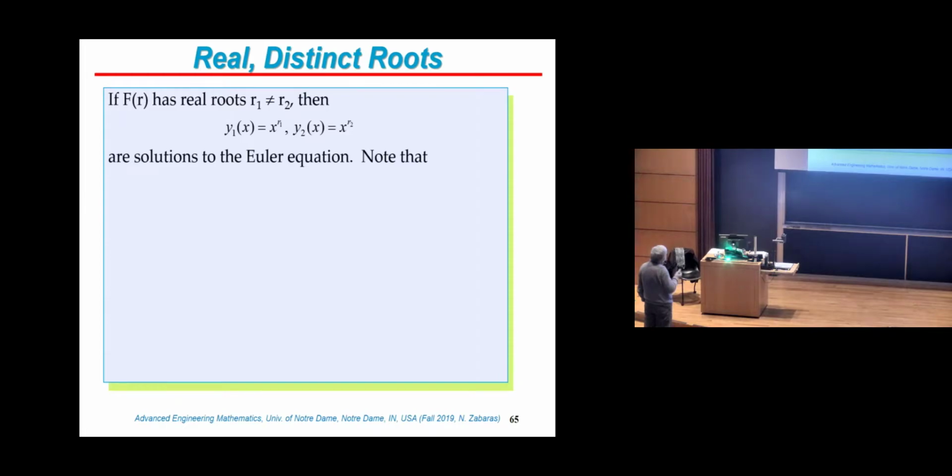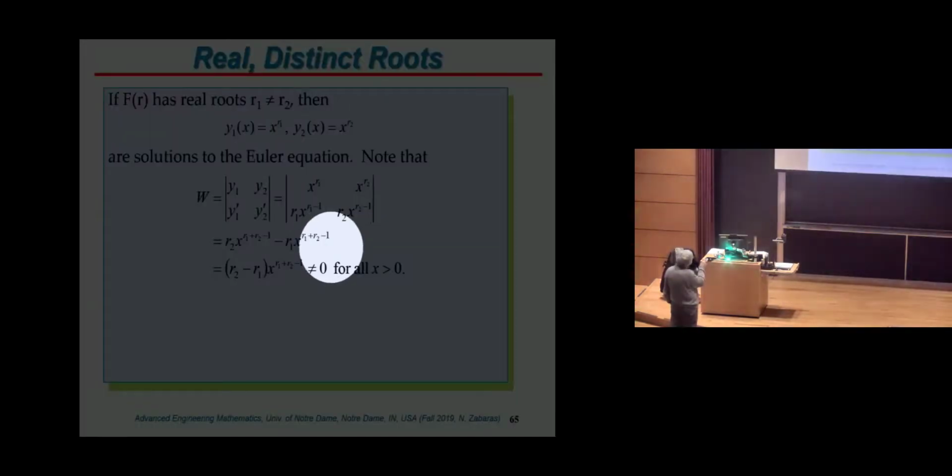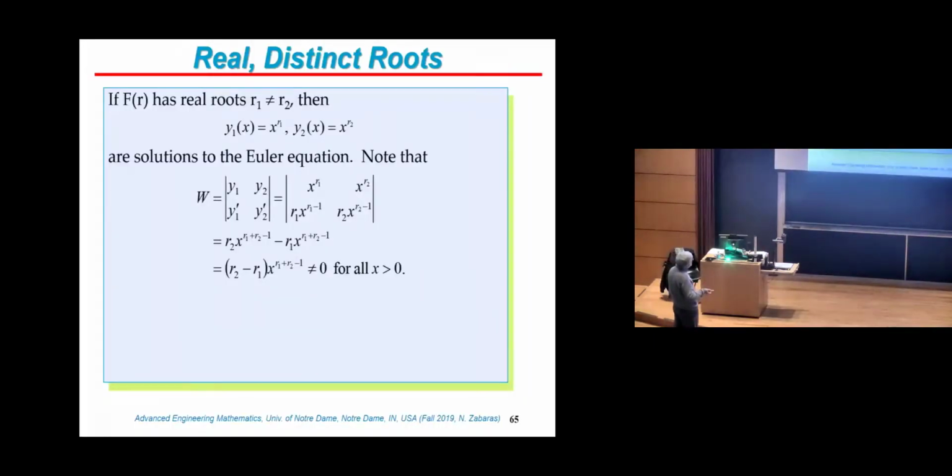And the idea is to discuss now what happens in the different cases. So if you take two roots that are not the same, okay, you can show that x to the power r1 and x to the r2 are two independent solutions. If you compute the determinant here, the Wronskian W, you come up with the determinant not equal to 0. There's really nothing fancy.